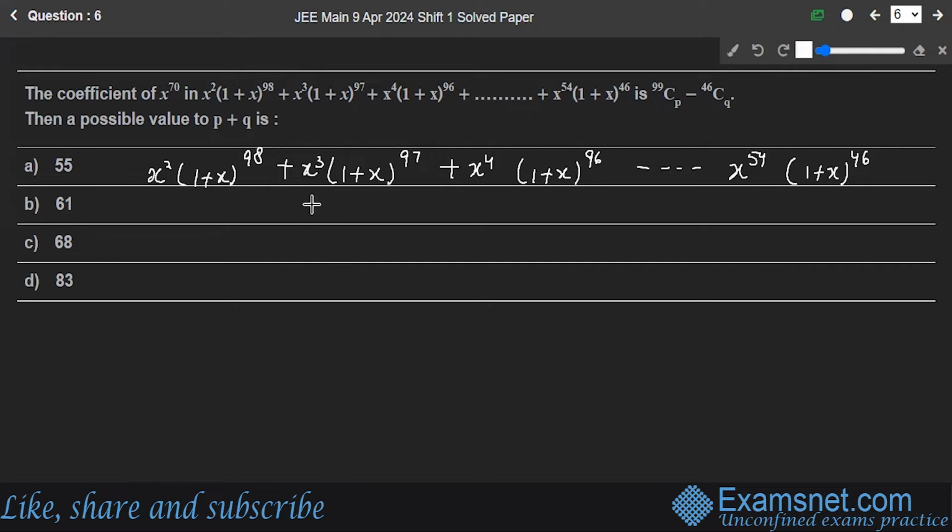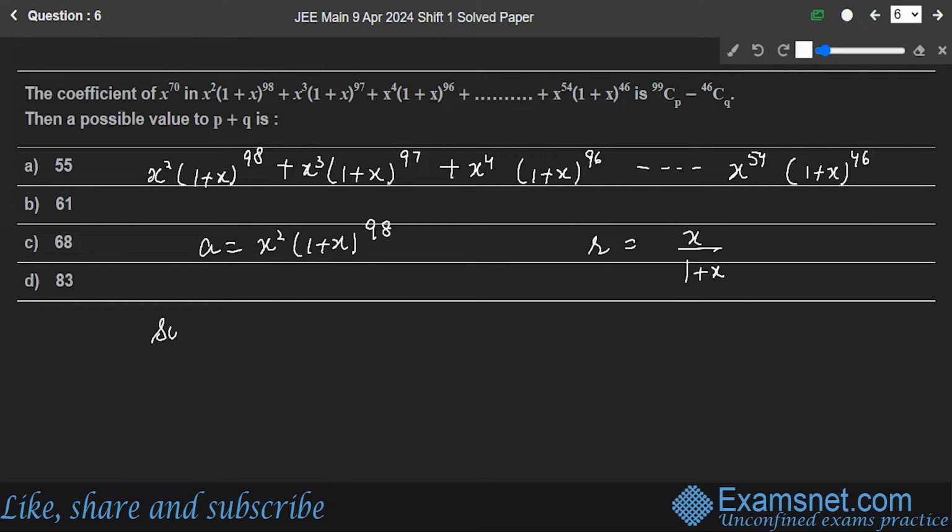So see, this is forming a GP. It is a GP where the first term is equal to x squared (1 plus x)^98 and the common ratio r is equal to x into 1 upon (1 plus x).